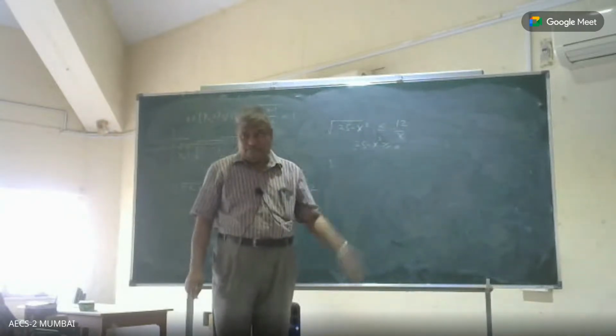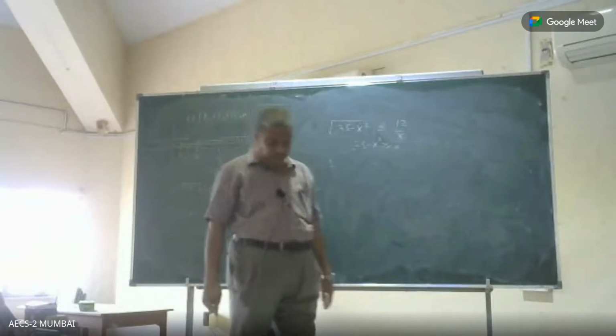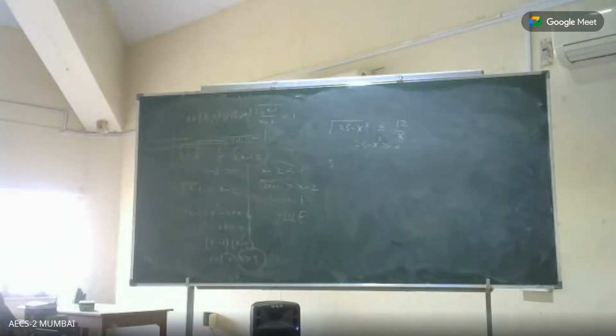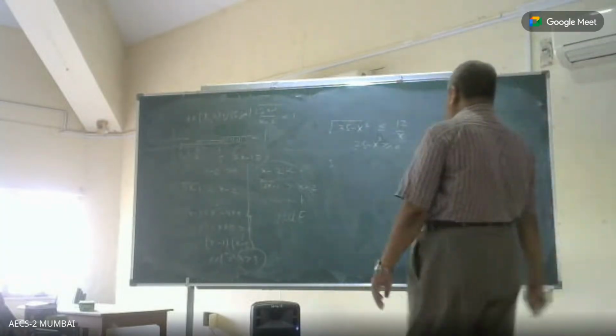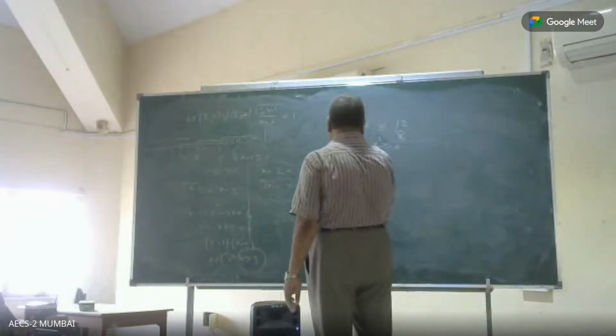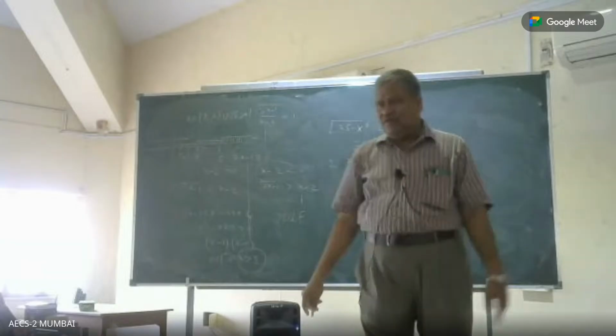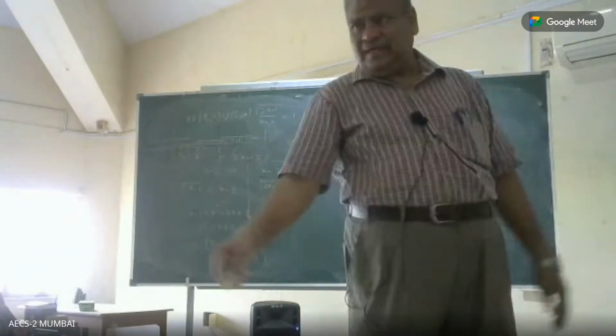Tell me, what should be case 1? X is positive. X is positive, yeah. Very good. So if x is positive, we can square both sides. We can square both sides, na? So do that.